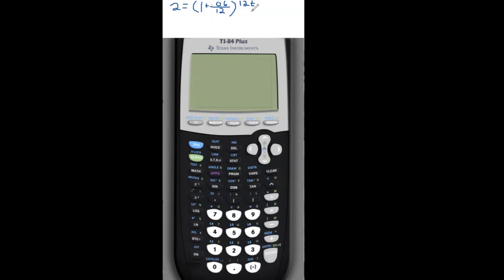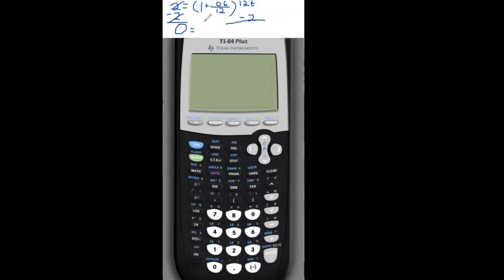Now, before we use the solver feature, we need to make sure that 0 is on one side of the equation. To do that here, we can just subtract 2 from both sides. So we subtract 2 here, subtract 2 here, so that 0 is on the left side.